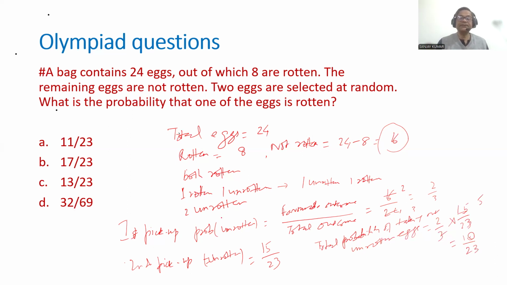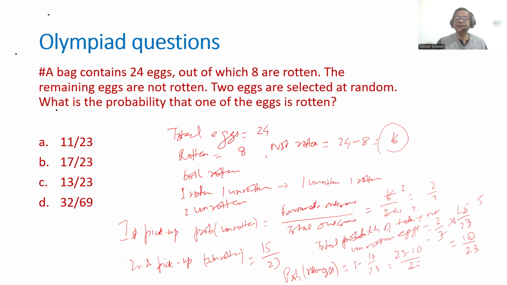Now, what is the probability of getting rotten eggs? So what will be the probability of rotten eggs? Probability of getting rotten eggs is equal to 1 minus 10 by 23, which is equal to 23 minus 10 divided by 23.